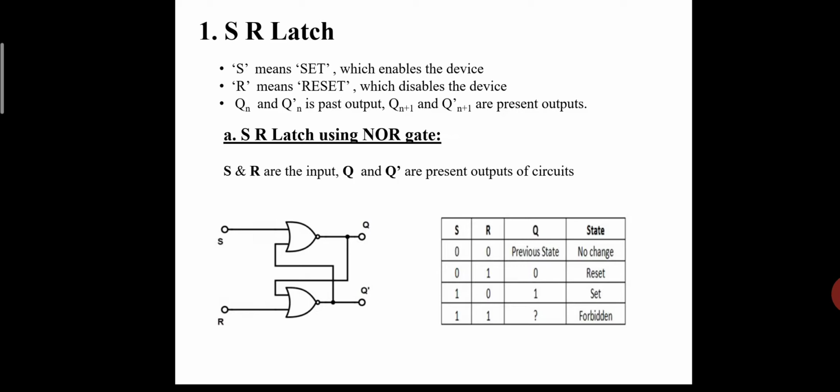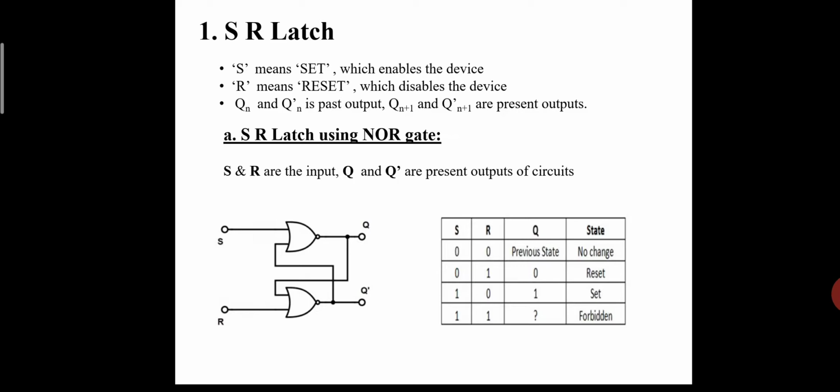S and R are the two inputs, and Q and Q bar are the outputs of the circuit. We consider only one output, Q, because Q bar is complementary to Q. So here is the truth table for S and R, for the 2-bit combinations 00, 01, 10, 11.